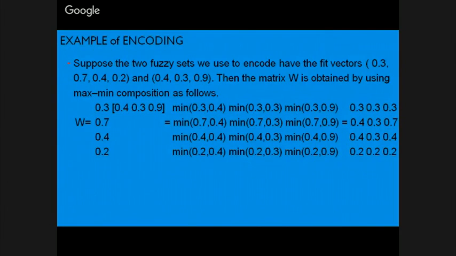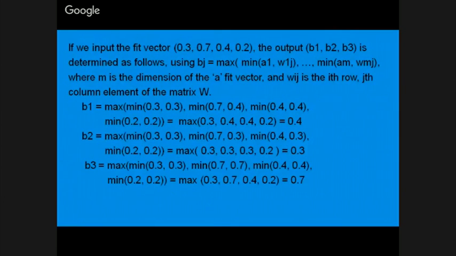And then we have to add. Addition will be done by finding the maximum. So we find the minimum and then the maximum of the minimums. When we find the minimum, we get 0.3, 0.4, 0.4, 0.2, and the maximum of that will be 0.4. So B1 comes out to be 0.4.